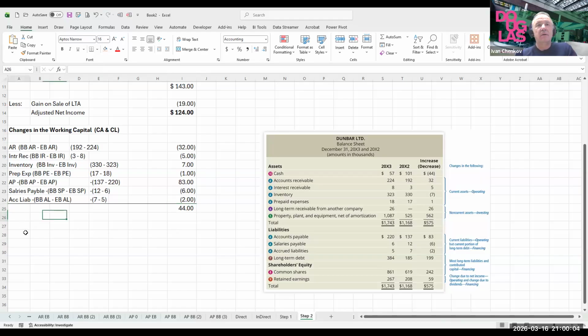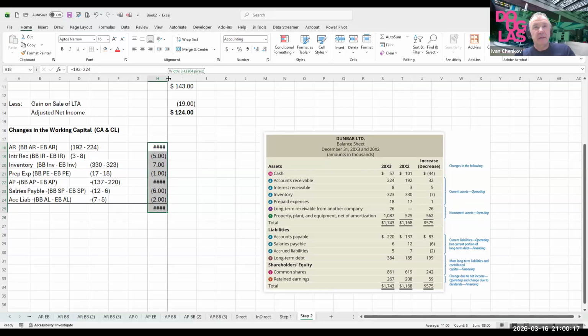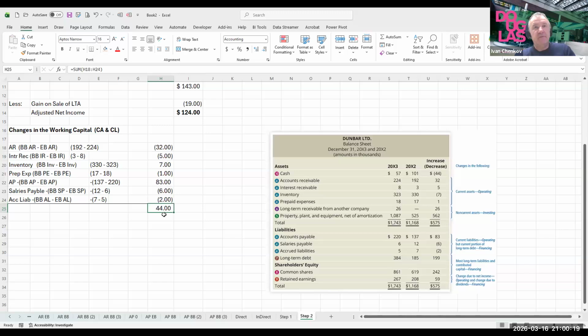So our last item here, if we want to do it correctly, let's put it this way. I'm going to cut it from here, paste it here, increase that column, and get this 44, cut and paste it here.